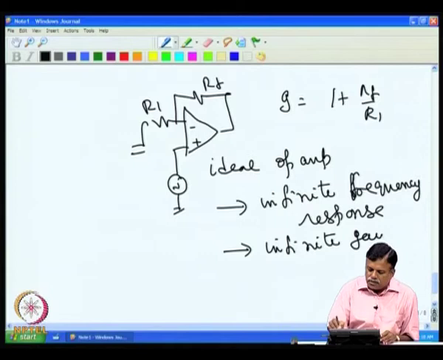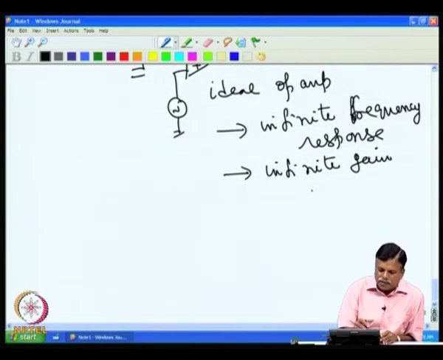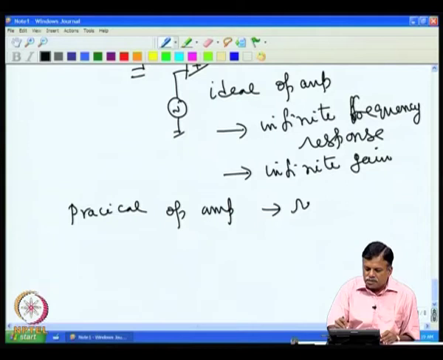But both are not valid for the practical op amp. For a practical op amp, the frequency response is limited.